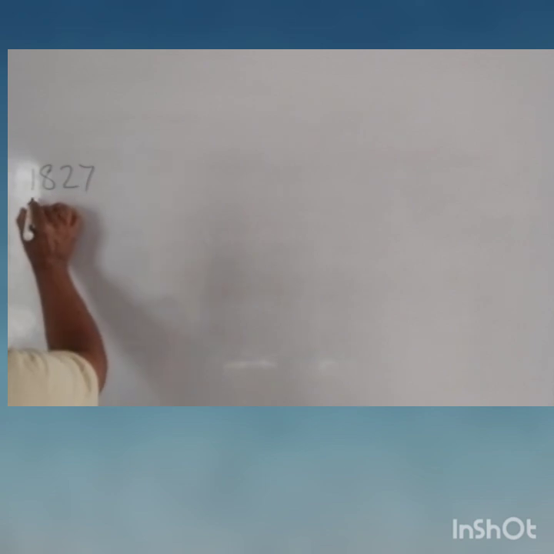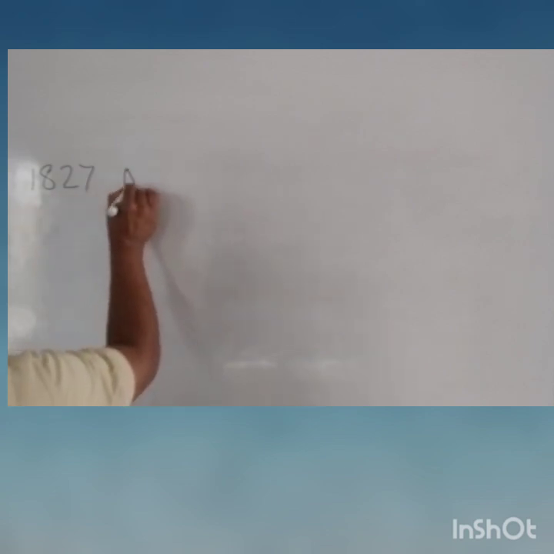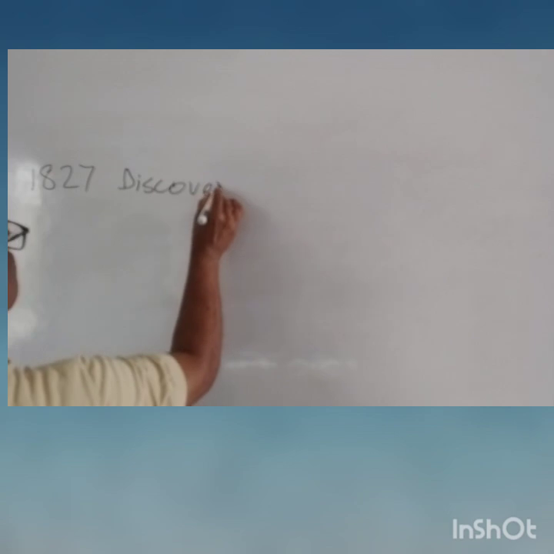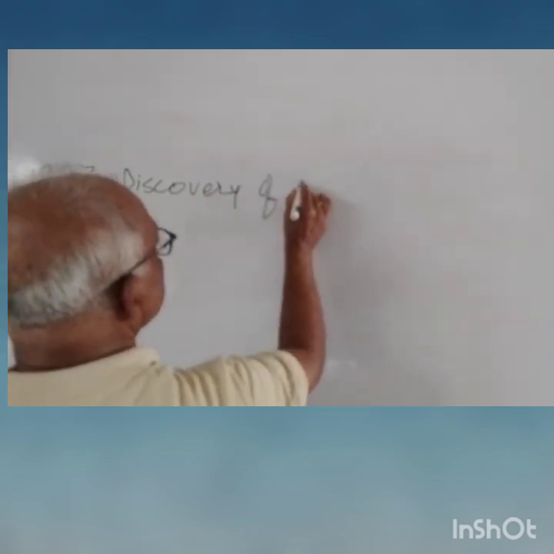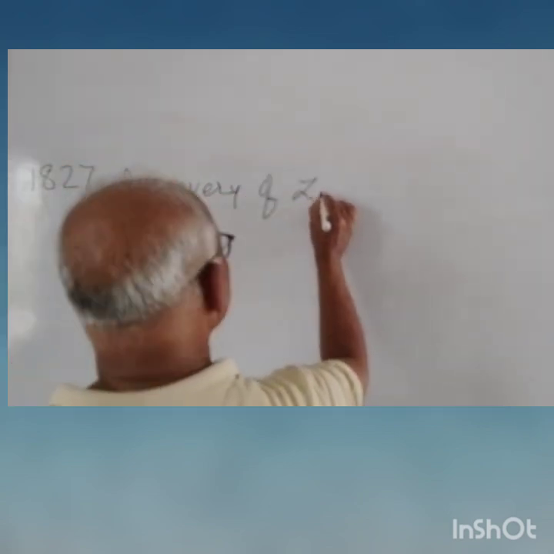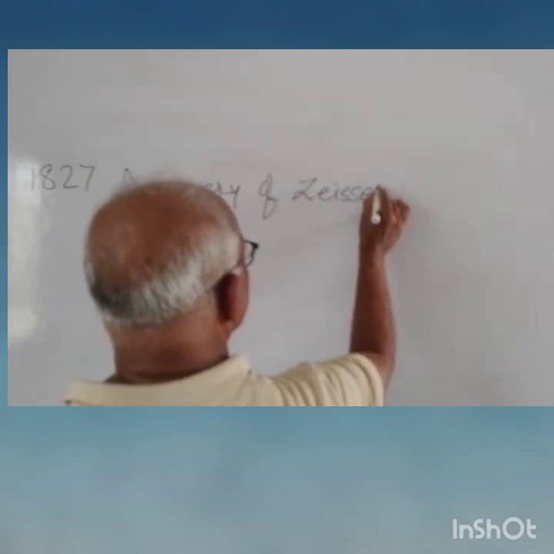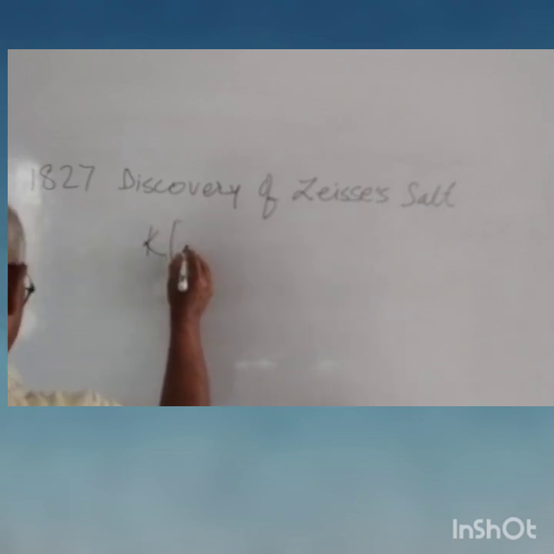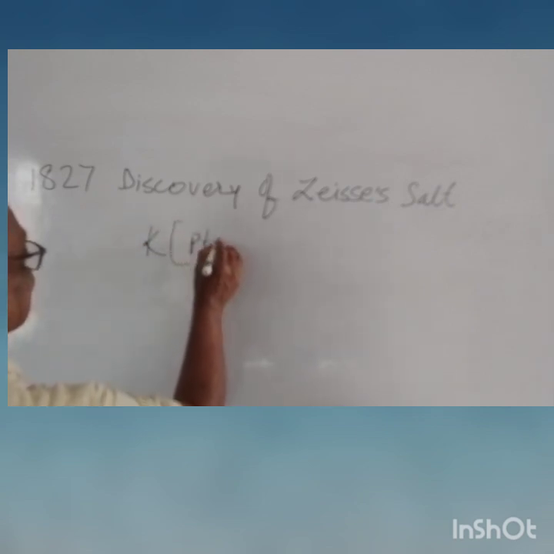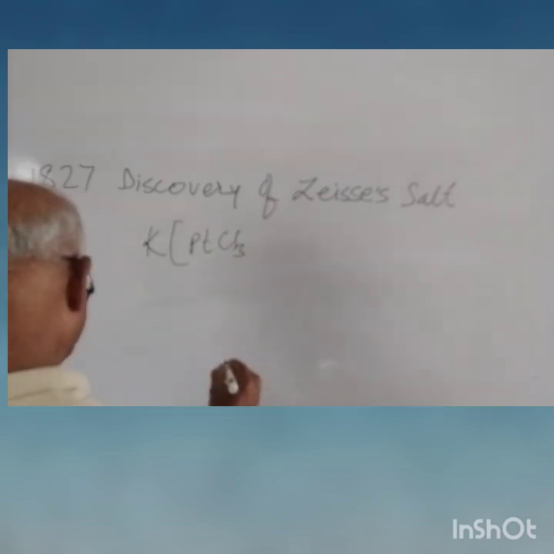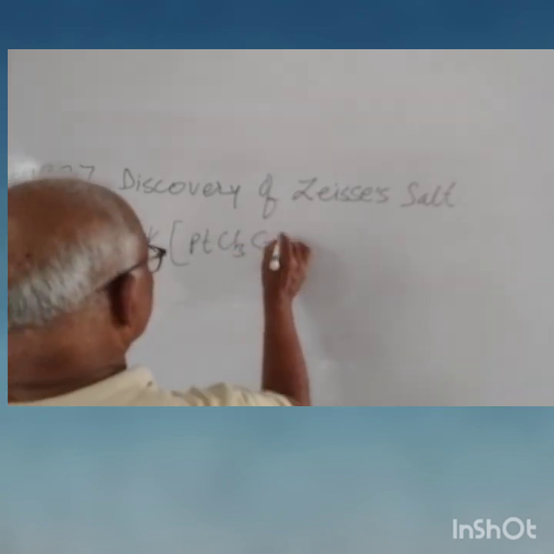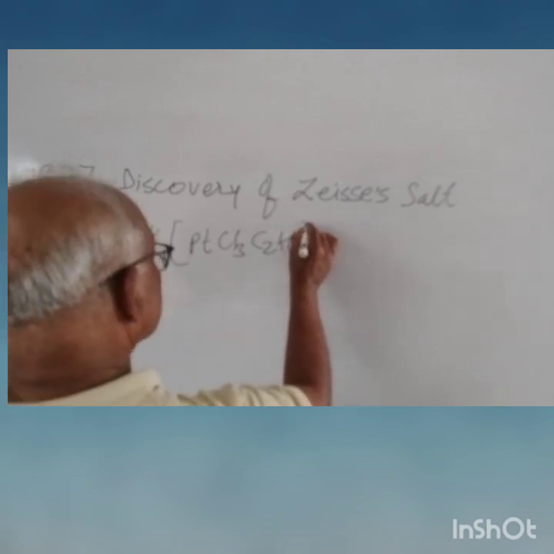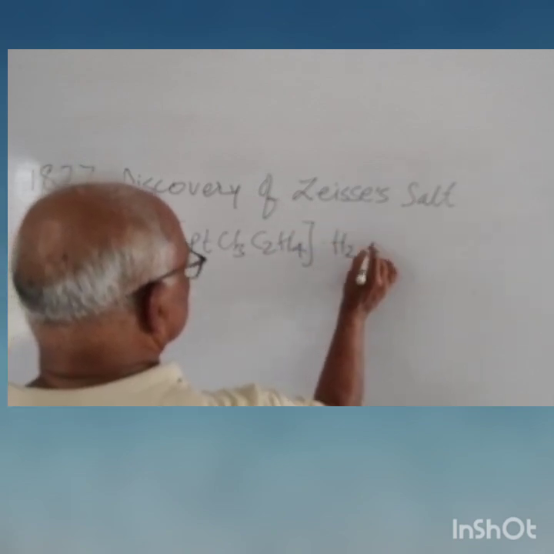So this event was marked as the discovery of Zeise's salt. This is the salt, K[PtCl3(C2H4)]·H2O.